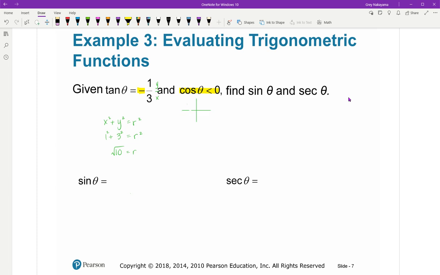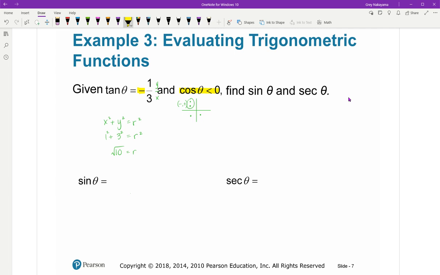Cosine is negative here and here. I give away the answer. And the tangent is negative here and here. So this is where our answer is up here in the second quadrant.